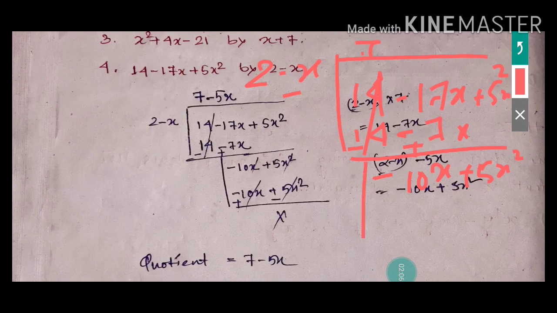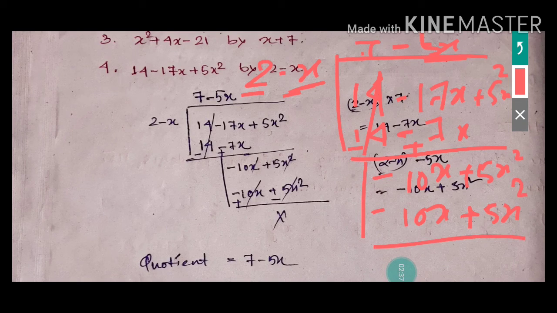Okay, now again here 10x is there and here 2 is there, so what do I have to multiply with? Minus 10 is there, so if I multiply with minus 5x, then I will get 10x, because 2 into 5x is 2 fives are 10 and x, that means 10x. And here minus is there, so I will get minus 10x. Now if you multiply this quotient with the divisor, what will it be? Minus minus will be plus 5x into x, 5x square.